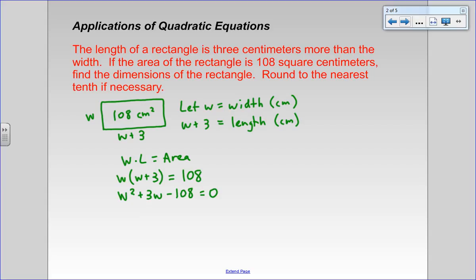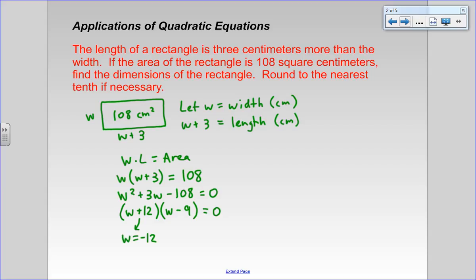This quadratic equation can be solved by factoring and using the property of zero products. Our two binomials would be W plus 12 and W minus 9. And we can find the solutions by setting each binomial equal to 0. In the first case, if W plus 12 is 0, then W equals negative 12.